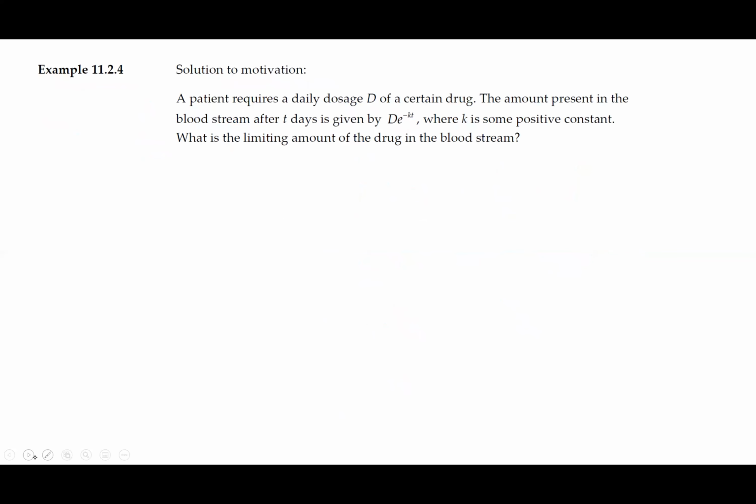Well, let's go back to our motivation problem now, because what we have is, in fact, a geometric series, right? That's what we actually wind up getting here. So let's take a look and see if we can find that limiting amount. Let's look at, let's say, the nth day. So on that nth day, we'll call this the amount in the blood, call it An.